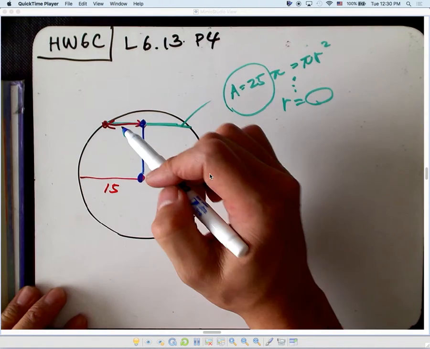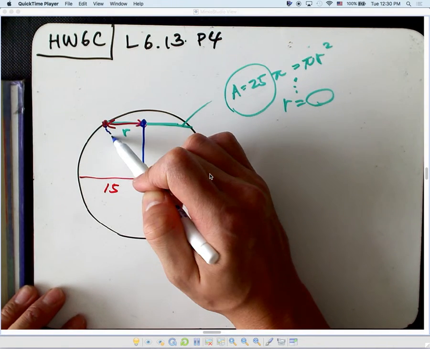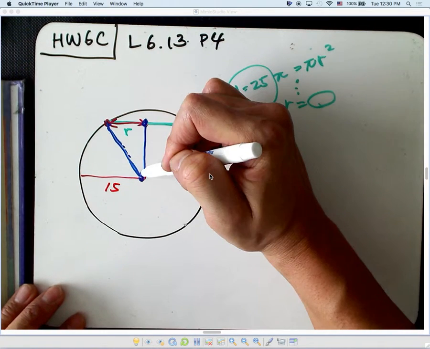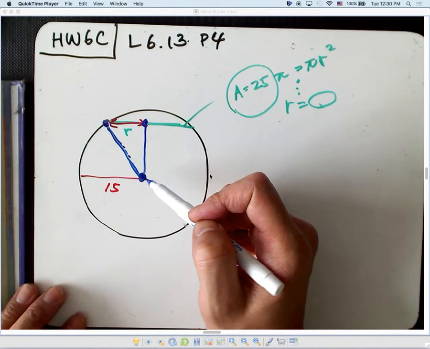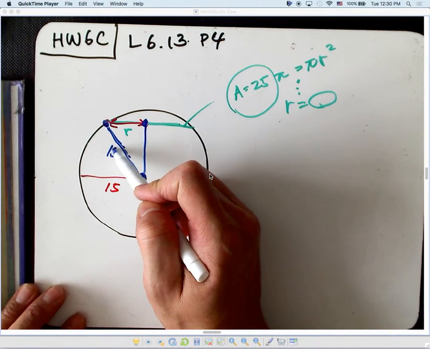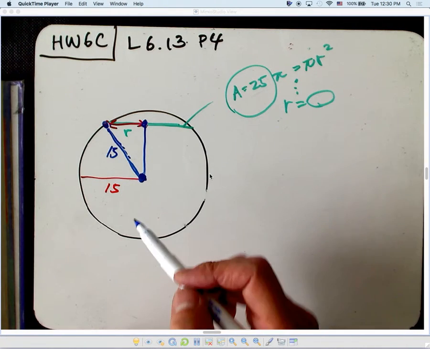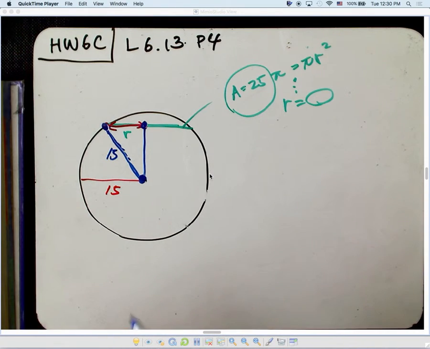Well, if you think about it, if you draw a supplementary line right there, what is the distance from the center to the surface? Well, that is 15, isn't it? Because that's like the radius of the entire sphere. From the center of the sphere to any edge of the circle should be exactly 15.